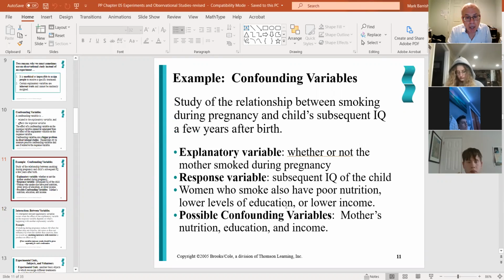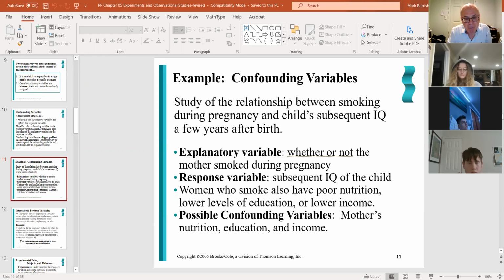Here's another example of confounding variables: a study of the relationship between smoking during pregnancy and the child's subsequent IQ a few years after birth. Is there a relationship there? Once again, it's possible. If you see that women who smoke have children with lower IQs, it's possible there are other reasons why the child has a lower IQ.